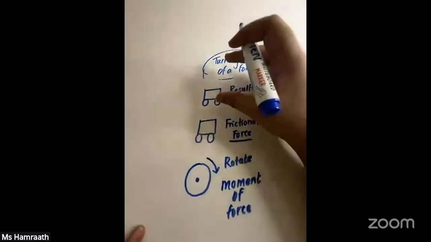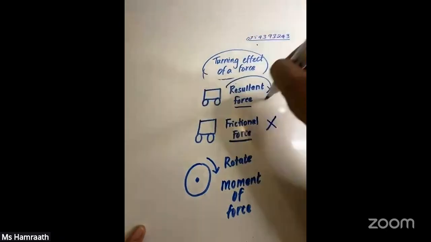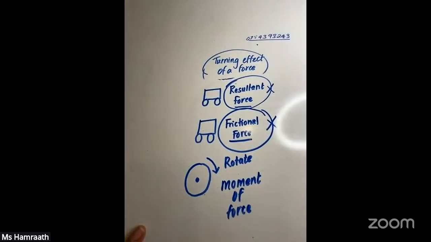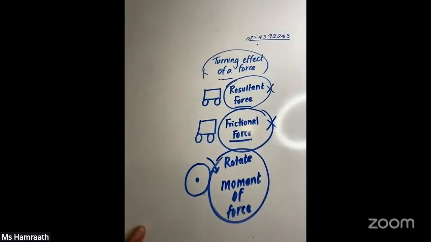So if you want to move an object, we apply resultant force. If you want to stop an object, we apply frictional force, especially when you are applying a brake. And if you want to rotate an object, the only force that you will be providing is the moment of force. Clear with that?